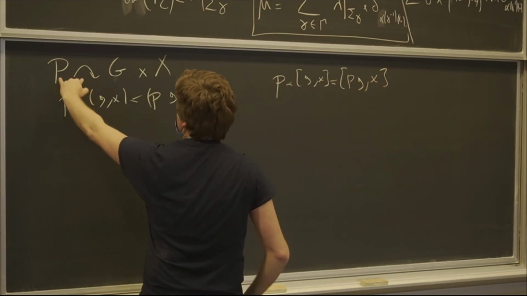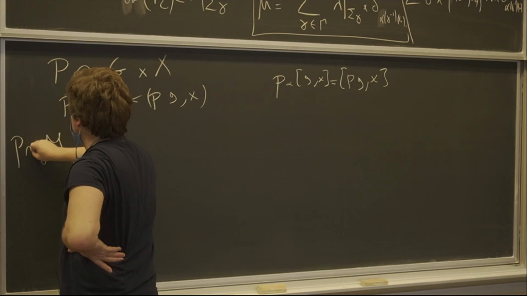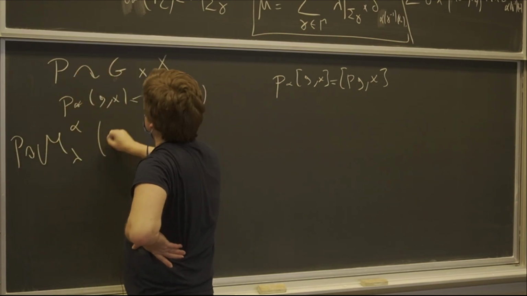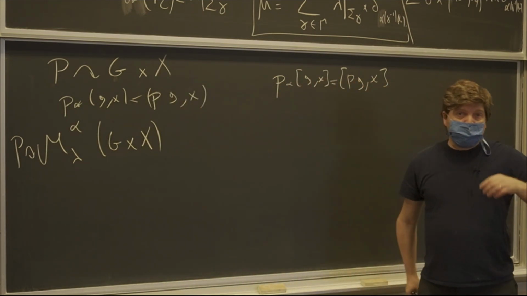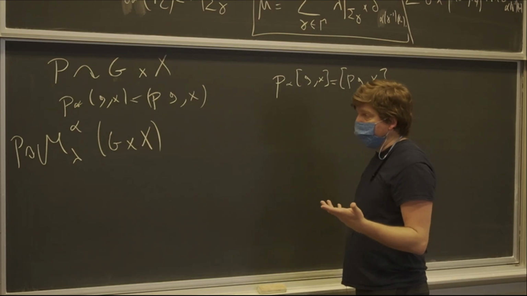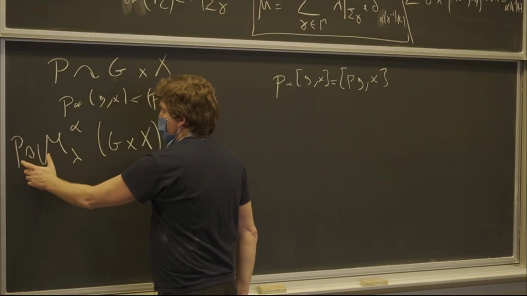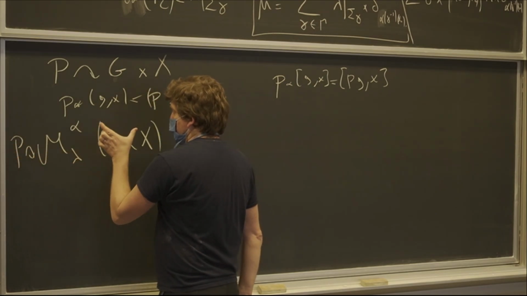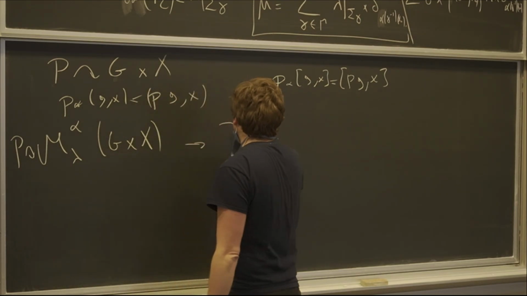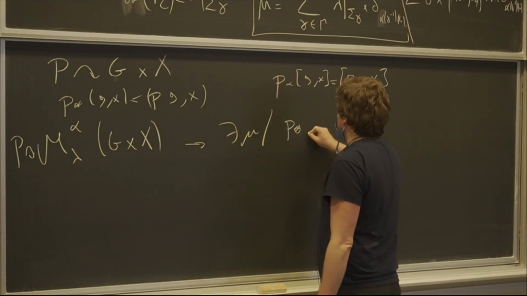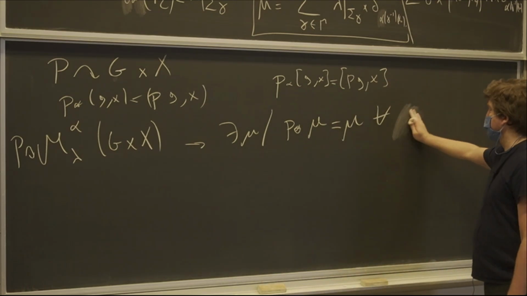But in any event, I have this action here, and this induces an action on this m lambda times m alpha g naught times x, which is an affine action. And by one of the definitions of amenability, whenever I have an action on a compact convex space by affine maps, it has a fixed point. So we have a fixed point. P star mu equals to mu for any p.